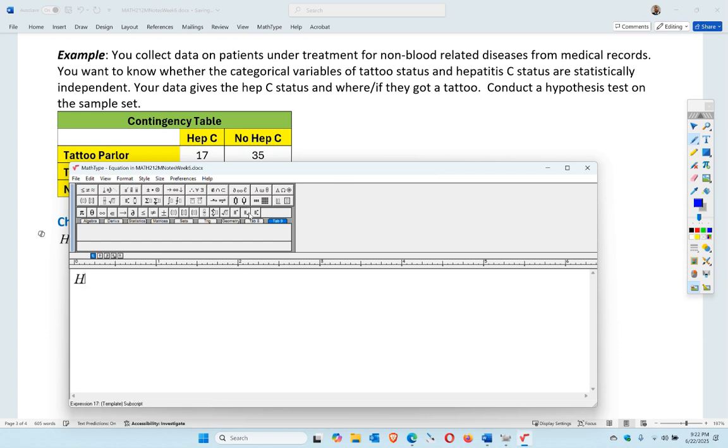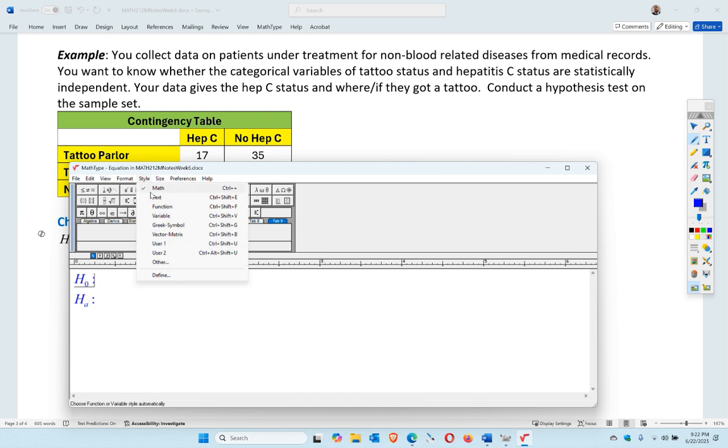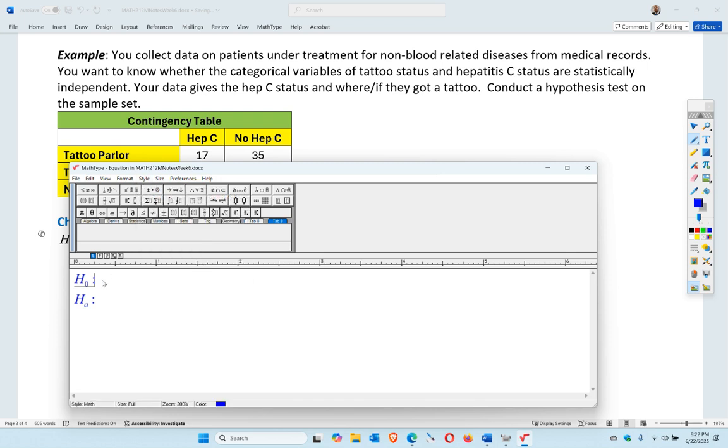H sub 0 and H sub A. Oh, that's not right. Try that again. Okay, style. Text. Okay, so tattoo, that is not text. That is still math.